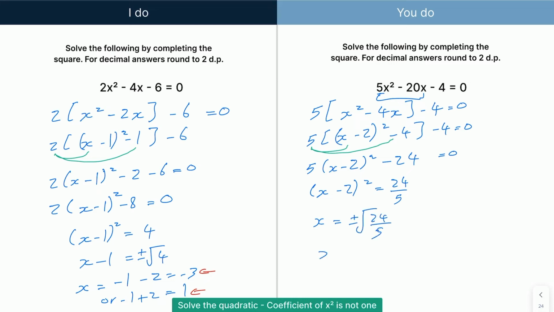And then x is equal to 2 plus or minus the square root of 24 over 5. And in this case, again, you can use your calculator, of course, and that would give us the positive answer to, what does it say, 2 decimal places of 4.19. Or if I just grab my calculator, and the other one is going to be -0.19.